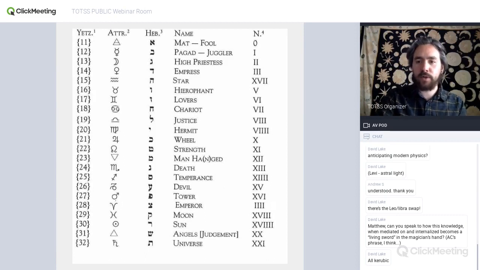So when you do this, what you end up with is this. I took the scan from the cipher manuscript and cut the pieces out and rearranged them so that you can see that now the Star, He, corresponds with the Star, which is Atu 17, and with Aquarius, and that Tzaddi corresponds with the Emperor, which is Atu 4, and Aries.